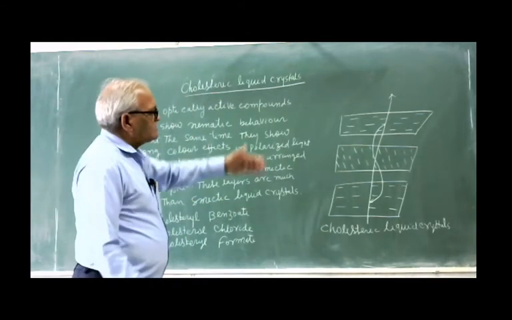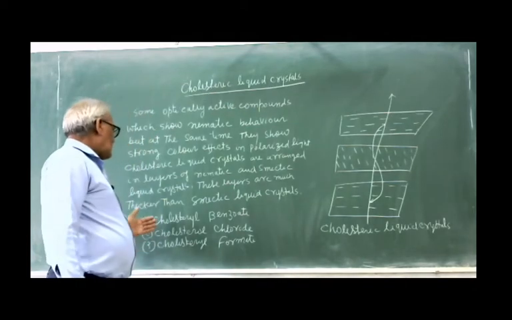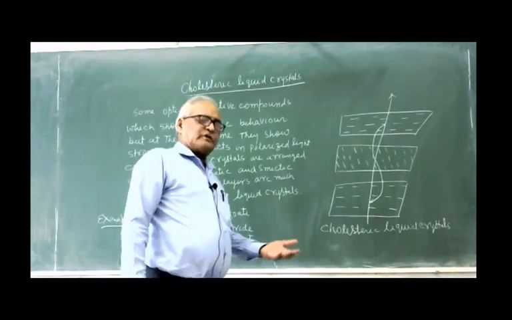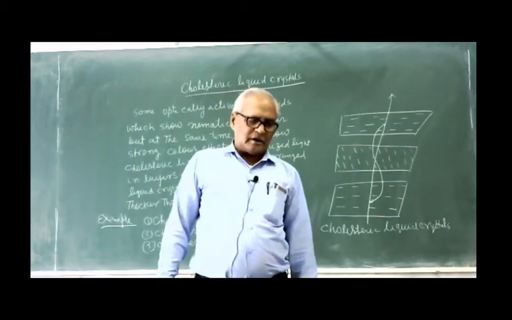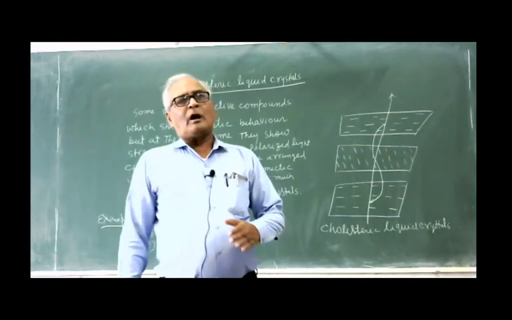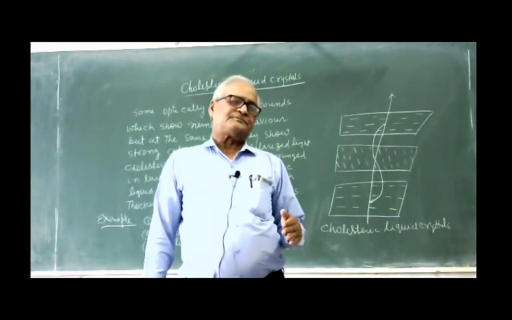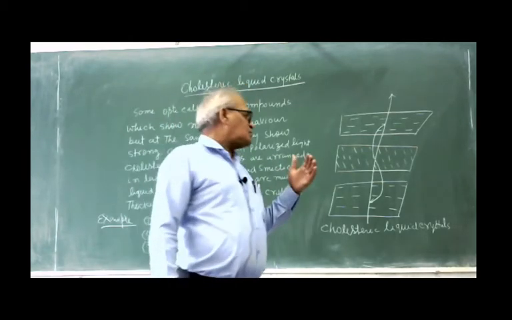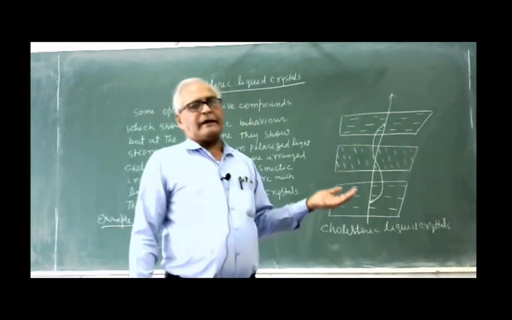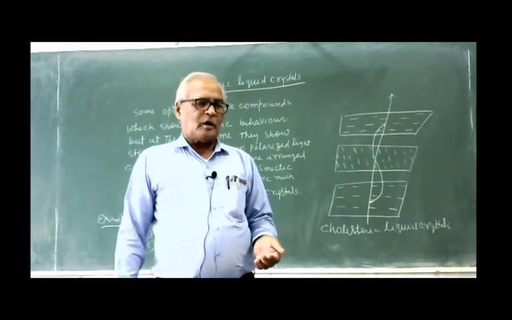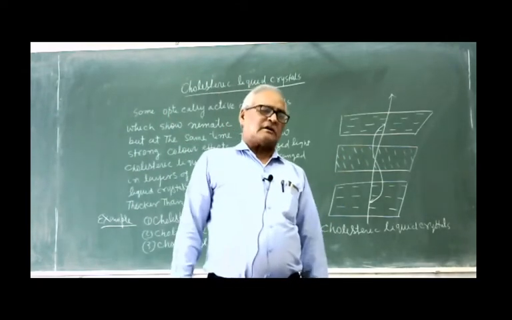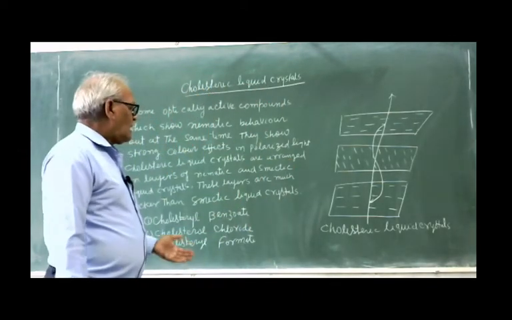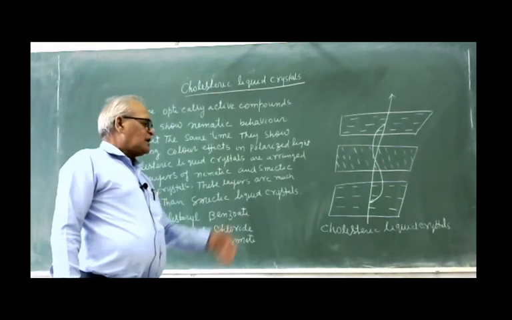And these layers are very thick in comparison to the smectic liquid crystal. You know, smectic liquid crystals are also arranged in layers. But when the smectic layers are in cholesteric form, the layers become very thick. So in this way, you can have an idea about the cholesteric liquid crystals.